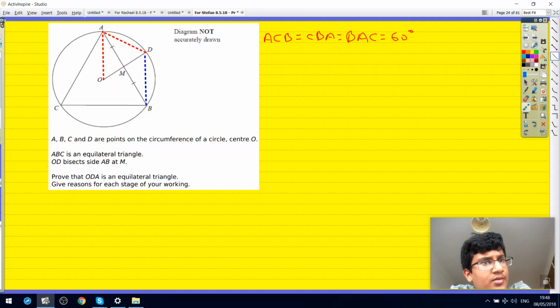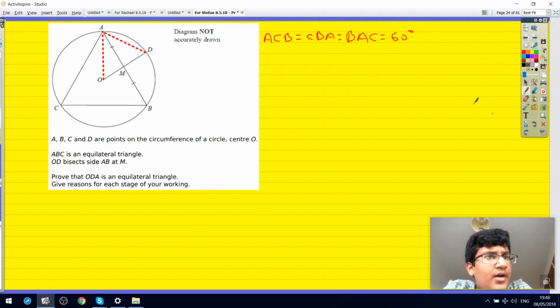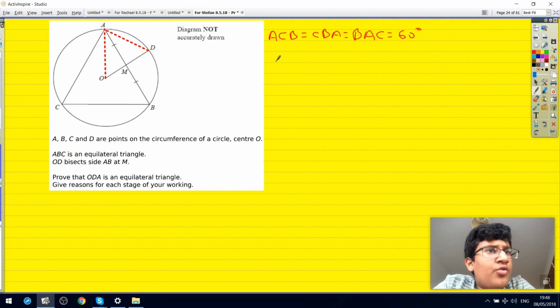So what could you do so far from just what we have? We know that angle OAM is 30 degrees because that's the radius, and that would go then to kind of half. So that would be 30 degrees, I think.